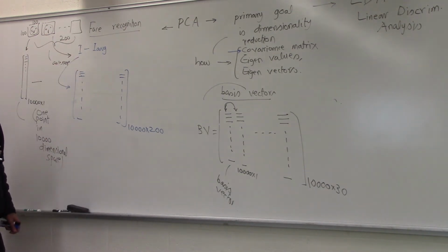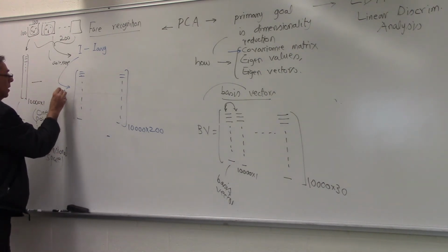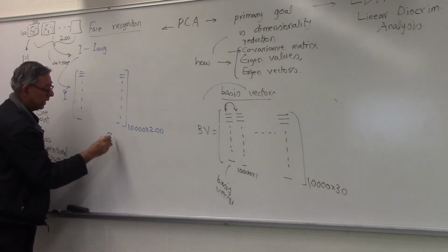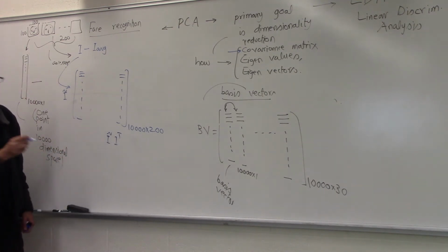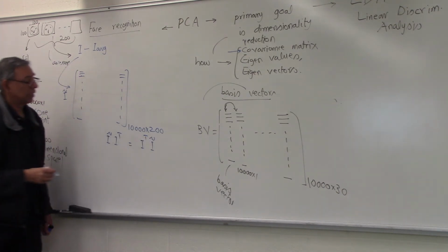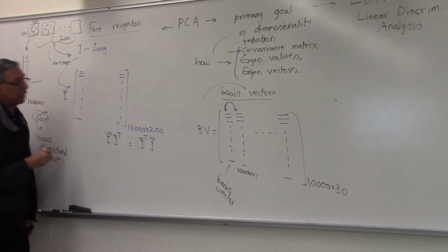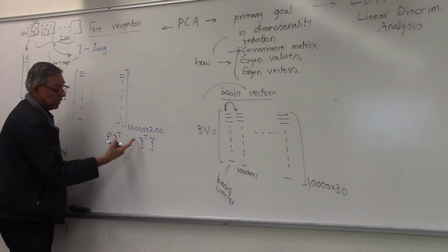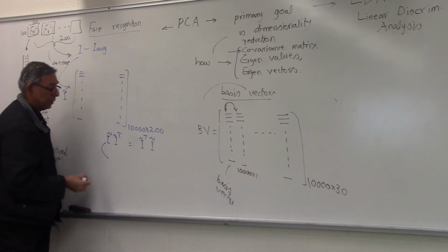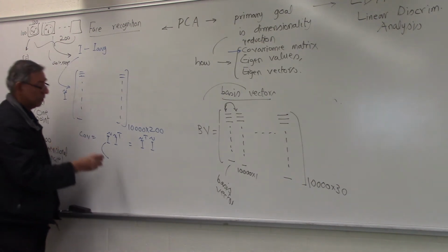So covariance, as you guys saw, suppose I make it a tilde sign over here, this could be I I transpose, or could be I transpose I. So if I did, for example, I times I transpose, then what will be the size of this matrix? This is basically our covariance matrix. 10,000 by 10,000.